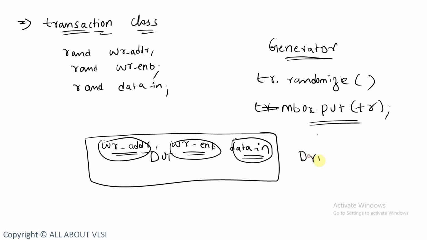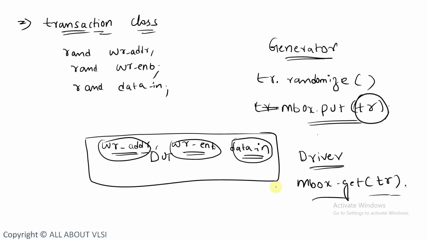In the driver class, we receive this transaction object with mbox.get(tr). So in the generator class we randomize, and put the object using the mailbox, and in the driver we get that particular object.